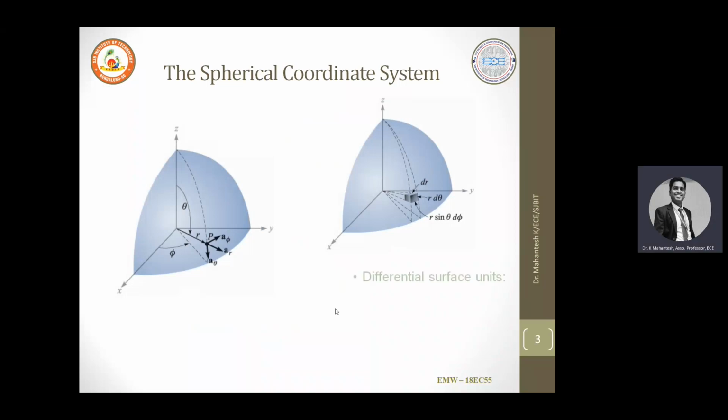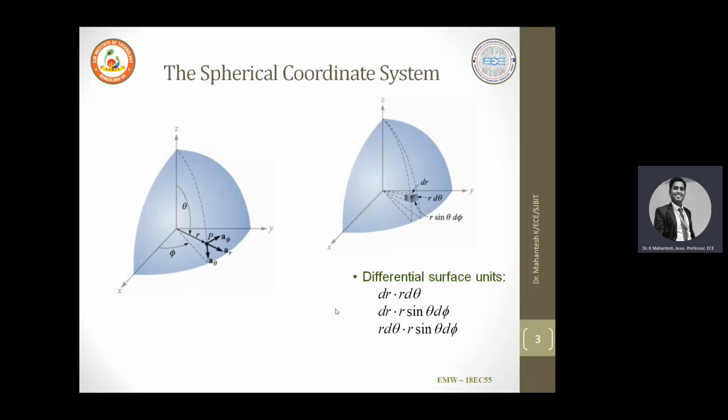So what are the differential surface units of a spherical coordinate system? With respect to the radius, the surface normal to phi is dr, r d theta. With respect to theta, a surface normal to theta can be given as r dr sine theta d phi.